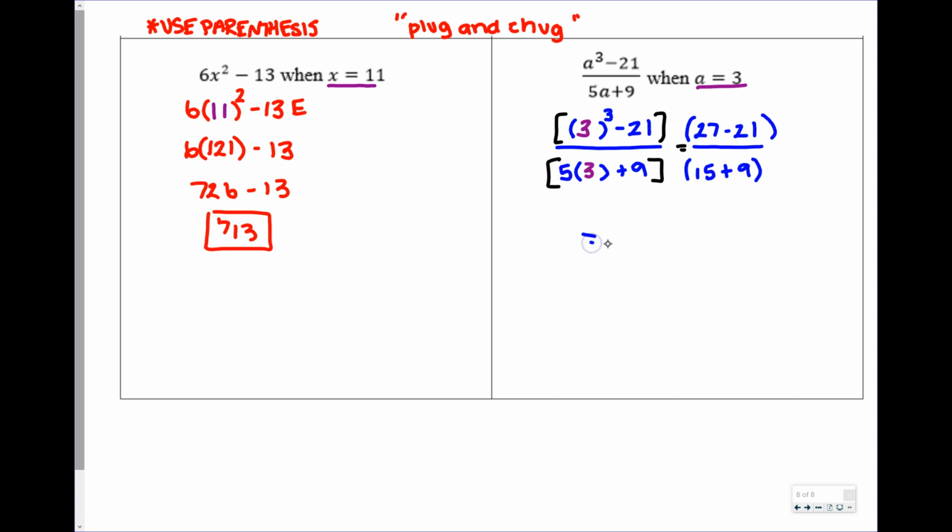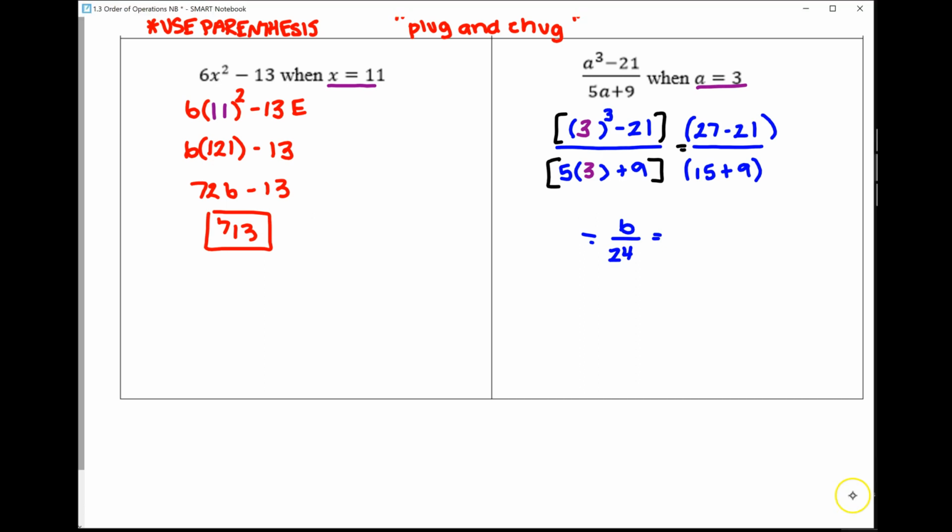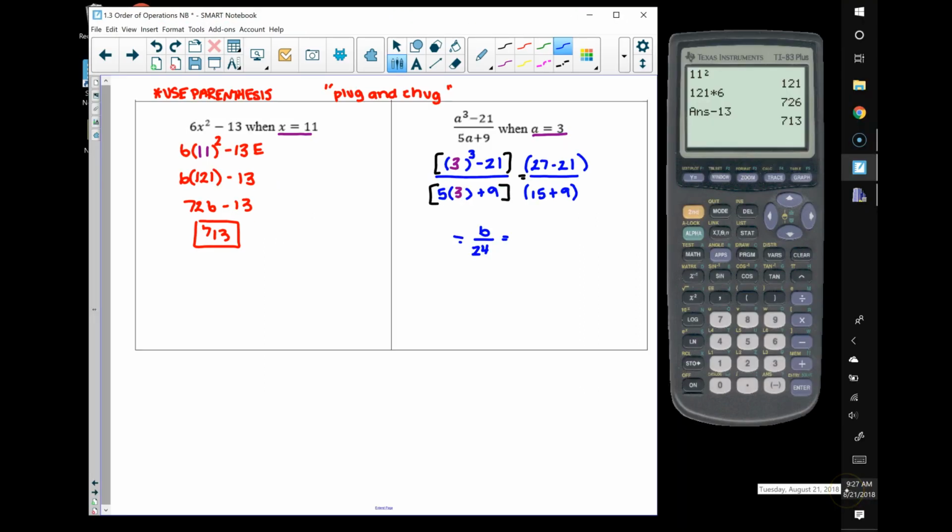Now I'm going to do the subtraction on top. 27 minus 21 is 6, and 15 plus 9 is 24. Now, this is okay. Don't freak out. 6 divided by 24 is a fraction, but we need to simplify. We always have to simplify fractions, and like I told you in the last lesson, you can use your calculator for that. You can do 6 divided by 24 in your calculator.